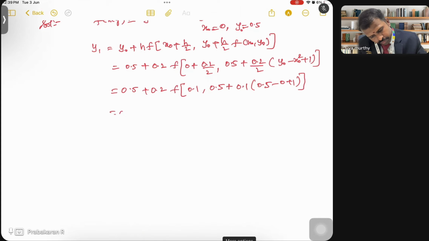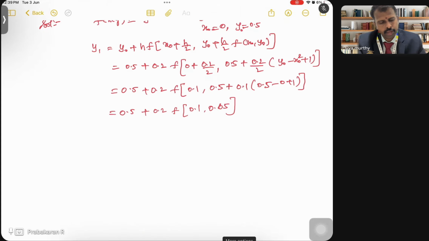So 0.5 plus 0.2 f of 0.1 comma, simplify this value, we get 0.65. Use the scientific calculator, we get the answer. It is very simple. I hope all understand. Then we apply again for f of x comma y.